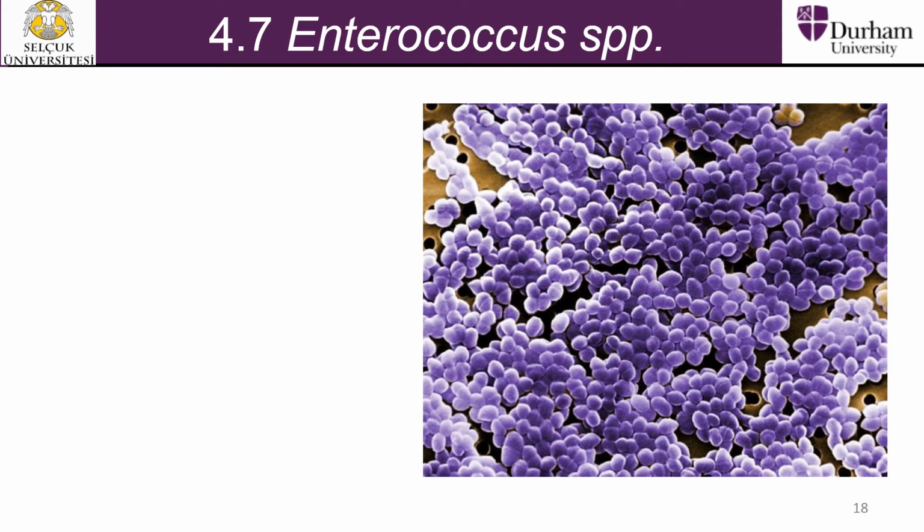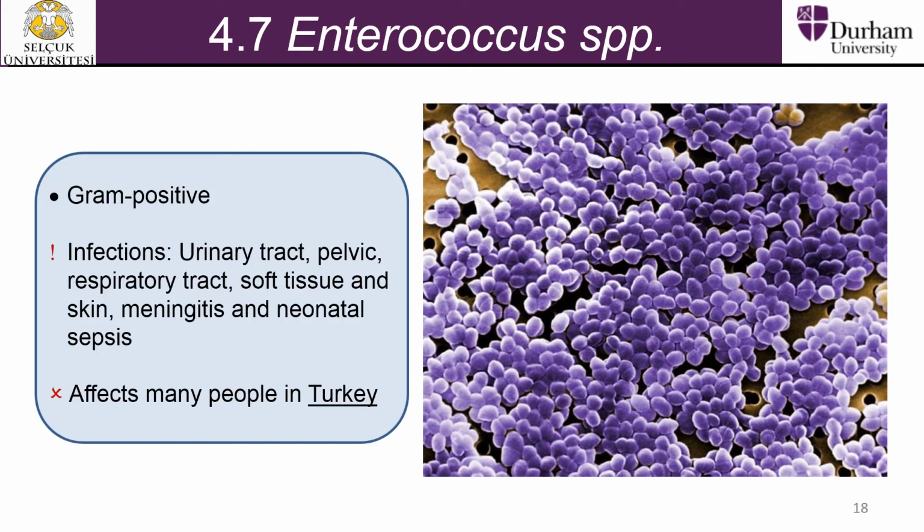The two most common Enterococcus species are Enterococcus faecalis and Enterococcus faecium. These bacteria cause a host of different infections, including urinary tract infections, intra-abdominal infections, pelvic infections, endocarditis, wound and soft tissue infections, meningitis, respiratory tract infections, and neonatal sepsis.